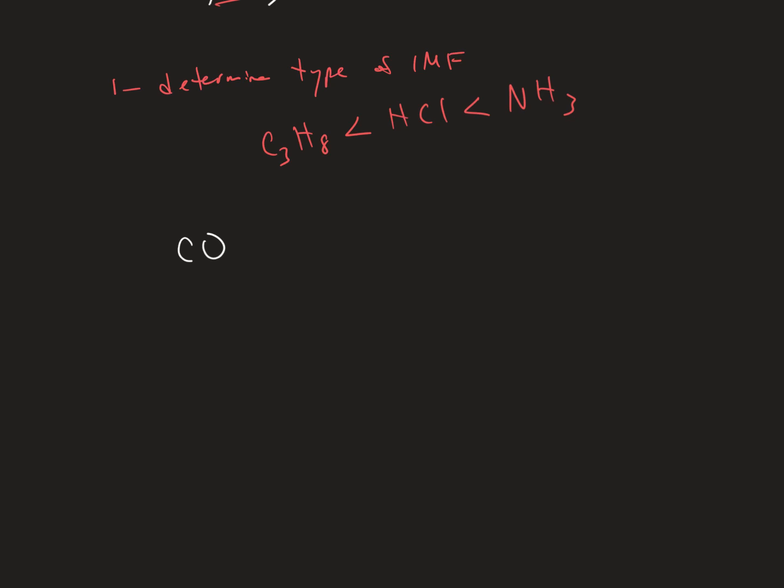To determine the type of intermolecular force, we first have to determine if it's polar or nonpolar. To do that, we draw the Lewis structure, determine the molecular geometry, determine if the bond is polar or nonpolar, and draw a straight line that separates the partial positives from the partial negatives. Can anybody tell me if this is a polar or nonpolar molecule?